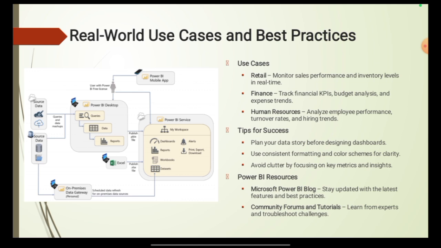Reports are published to Power BI service as .pbix or .xlsx files, where users can create dashboards, set alerts, and export reports. The reports and dashboards are accessible through the Power BI mobile app for real-time insights. So that is everything that can be said as per the mentioned details.